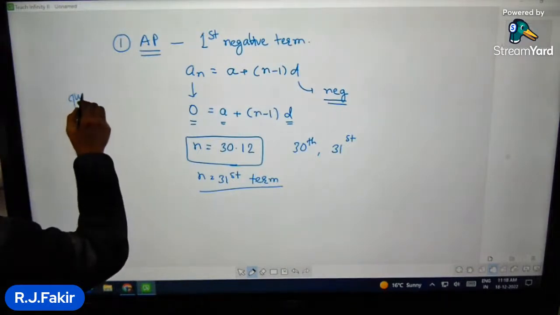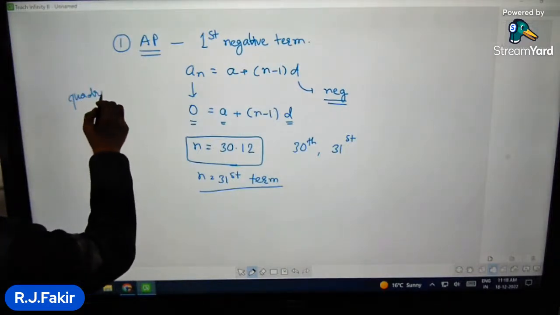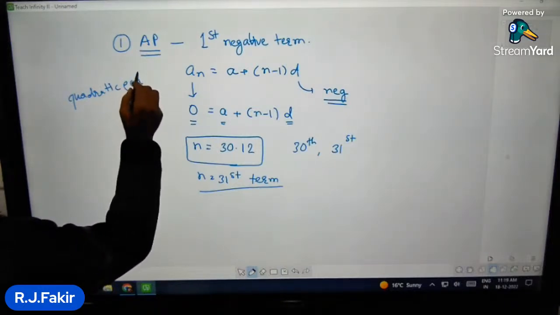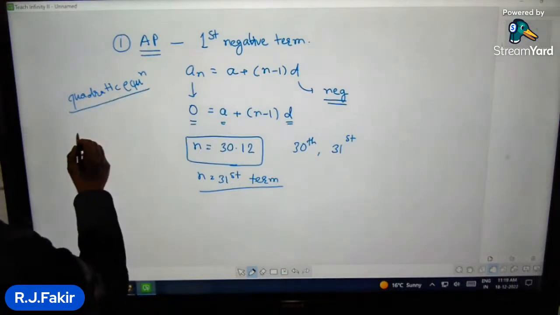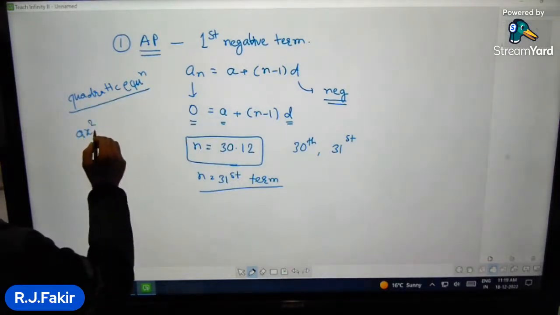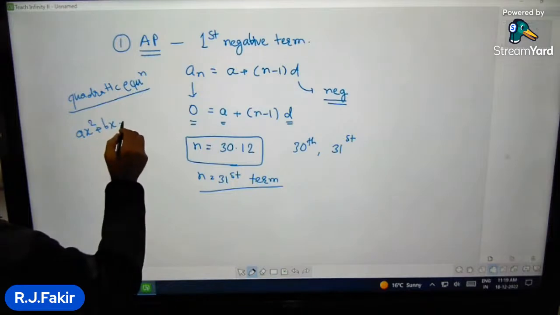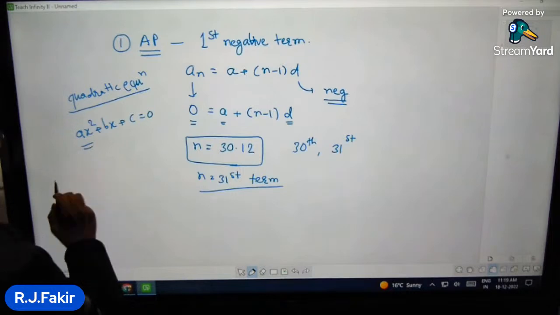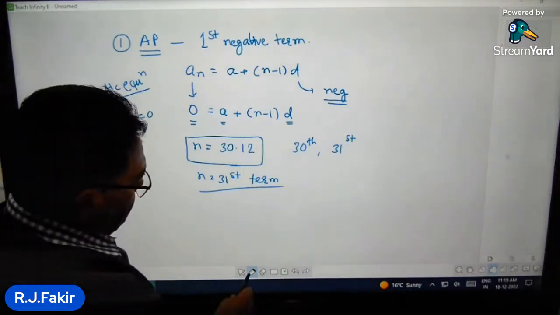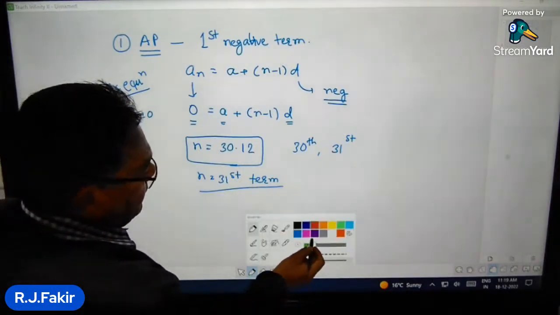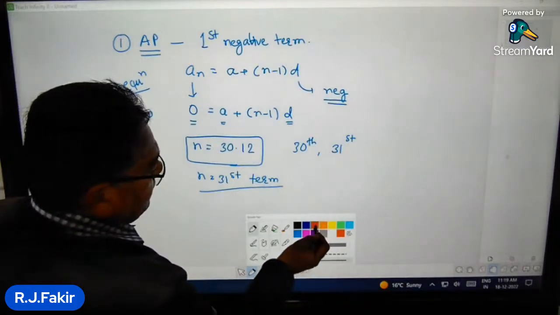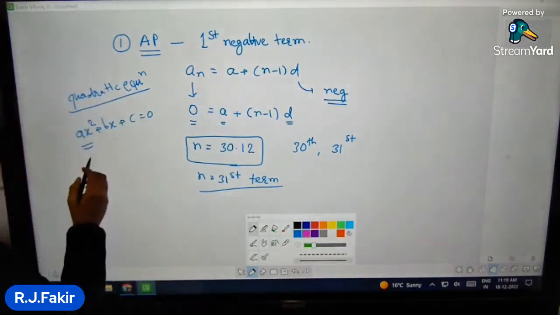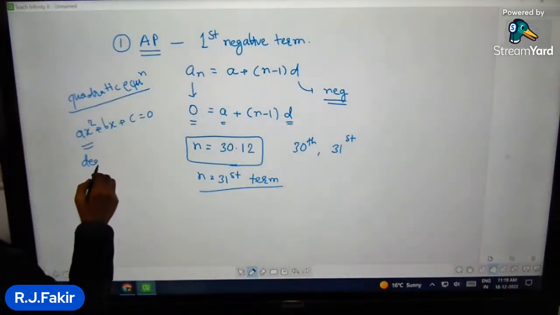So for the quadratic equation, simply remember the standard form, which is ax squared plus bx plus c equals 0. What is important in a quadratic is that it should have a degree of 2.